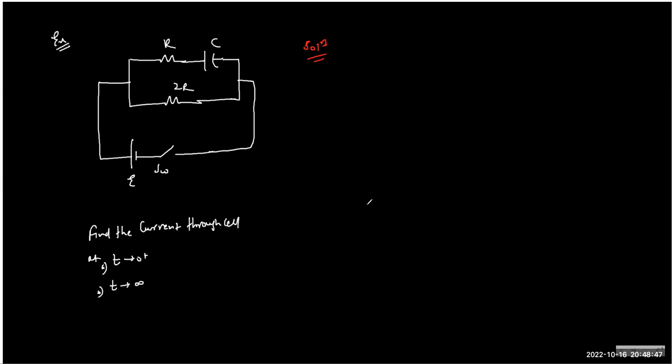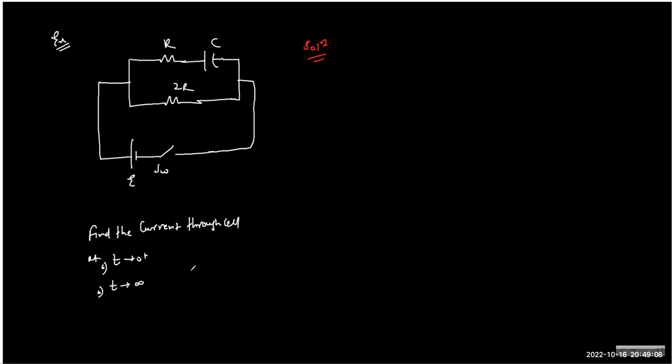An uncharged capacitor will act as a short circuit, right? So this circuit can be reduced. What is the R equivalent of the reduced part? 2R by 3. Correct.